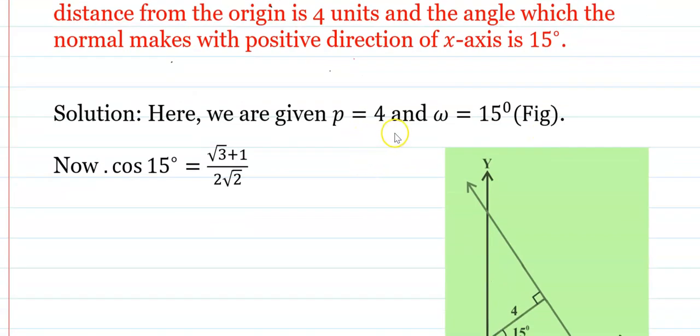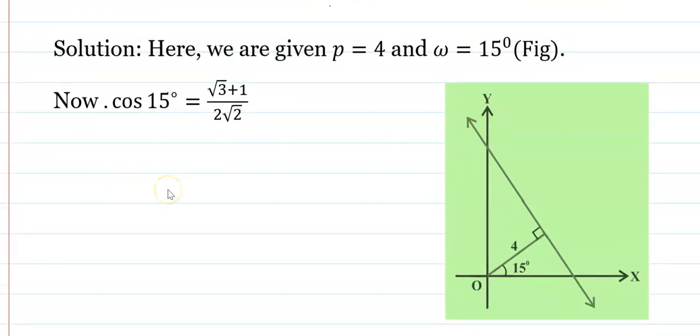Here we have p equal to 4 and omega equal to 15 degrees. But how to find the value of cos 15? I can write it like this: cos 15 means cos of (45 minus 30).